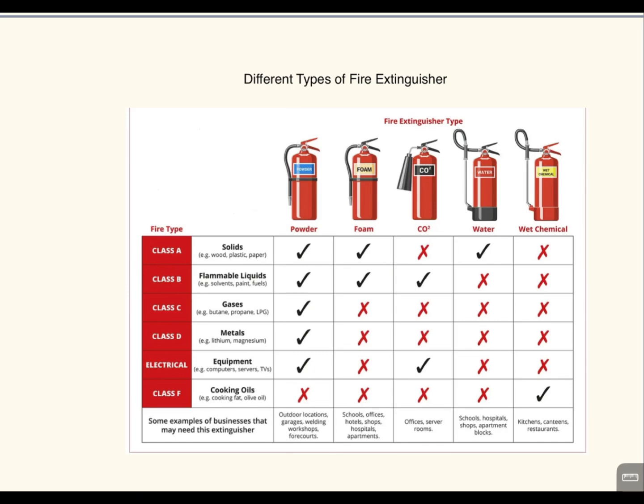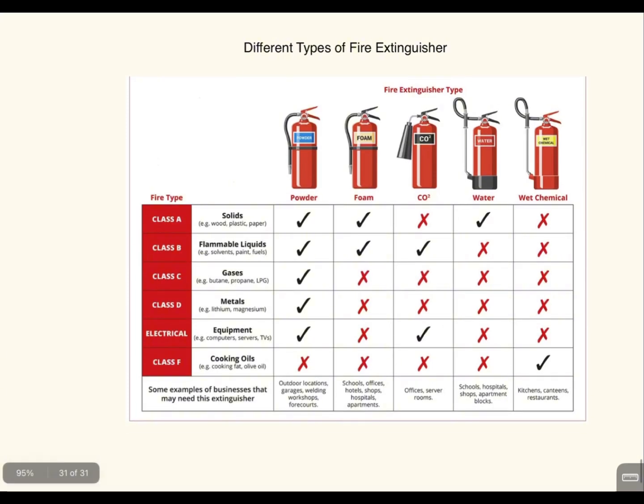So before discussing every single class, let me tell you one mnemonic.